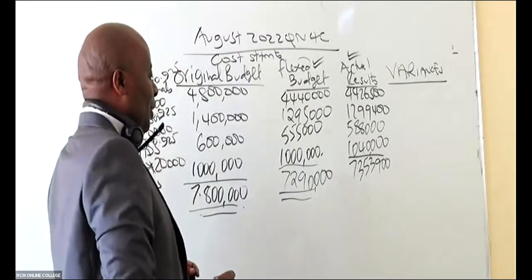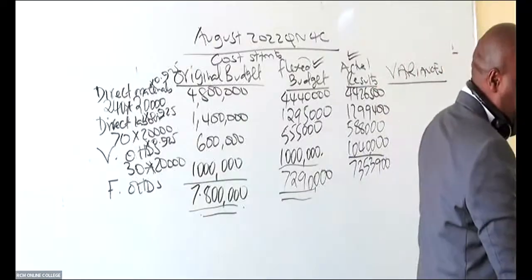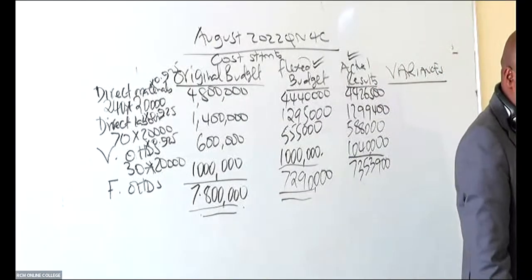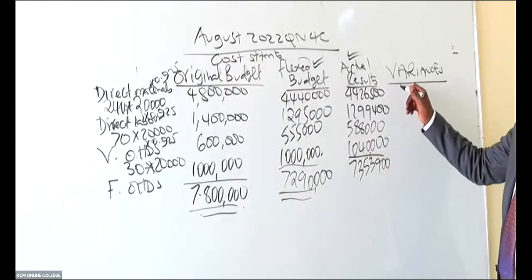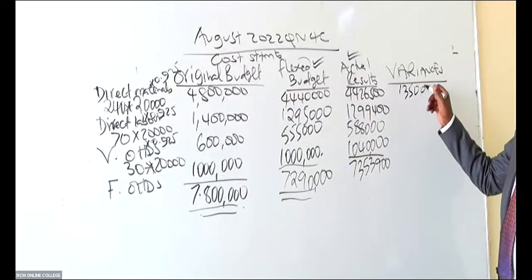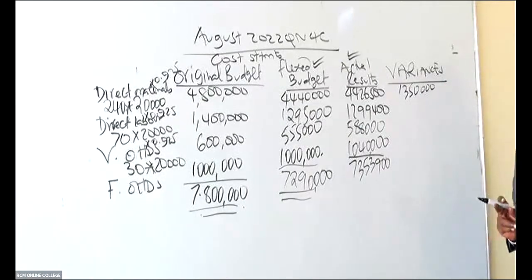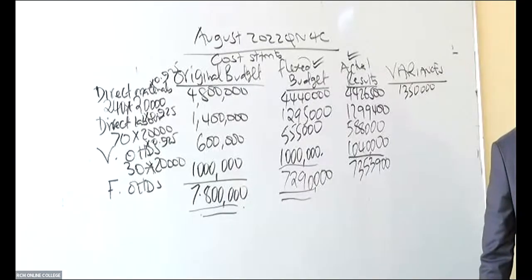Let me get an answer from you. The variance here, 13,500. Is that a good variance or a bad variance? It's a good variance.